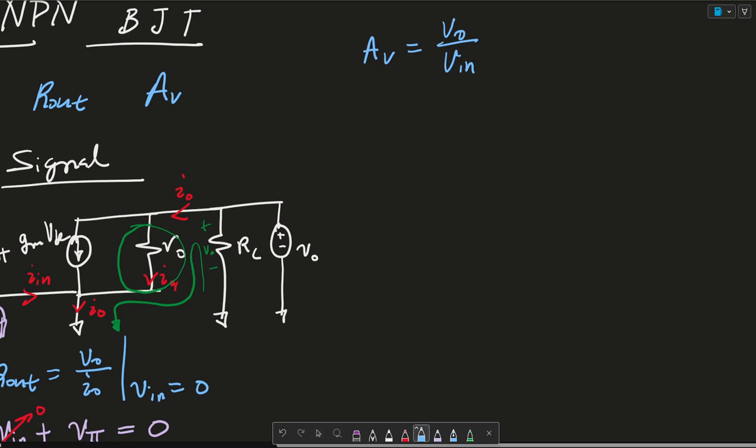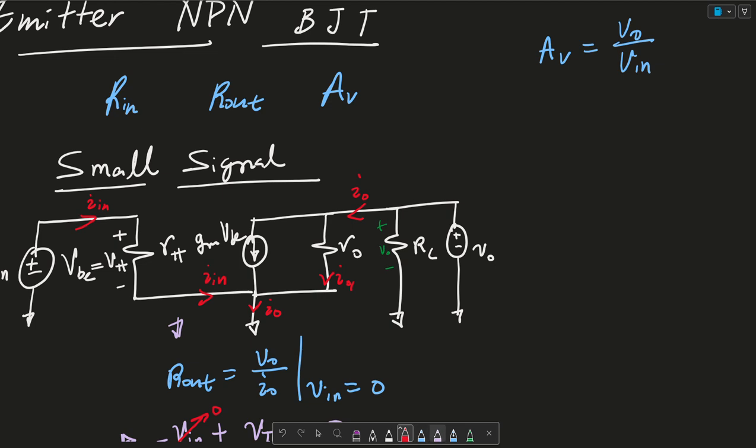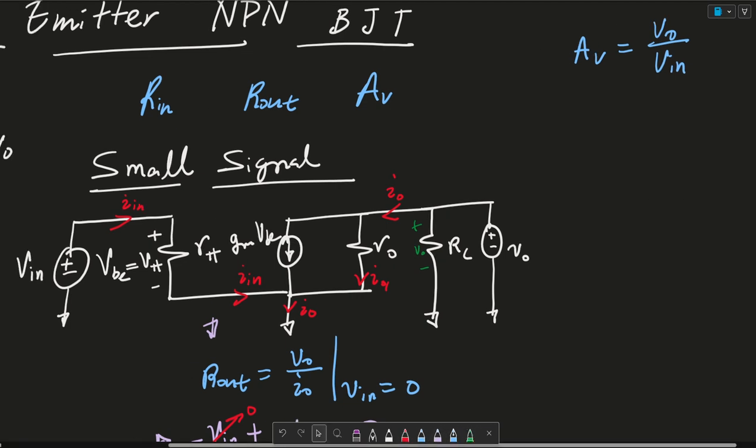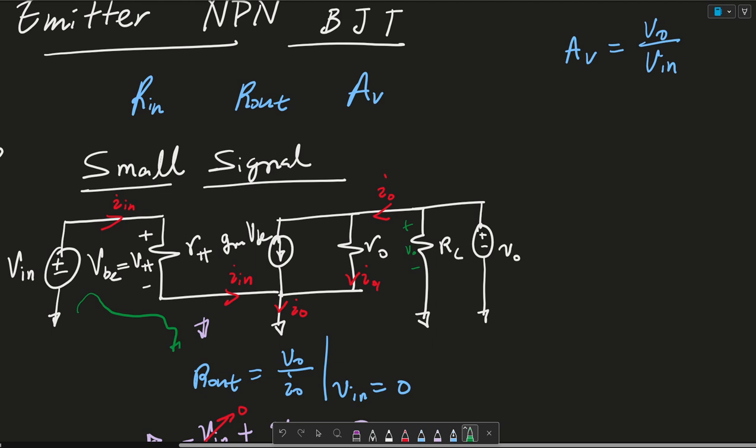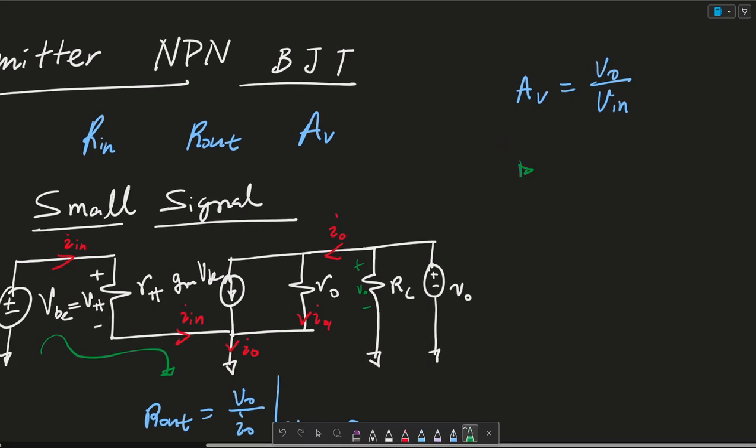Let me erase so it's easier to see. If we consider that we do a KVL in this loop right here, we would say that we have minus V in plus VBE is equal to 0.